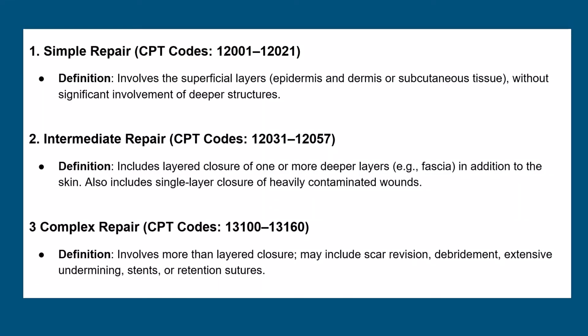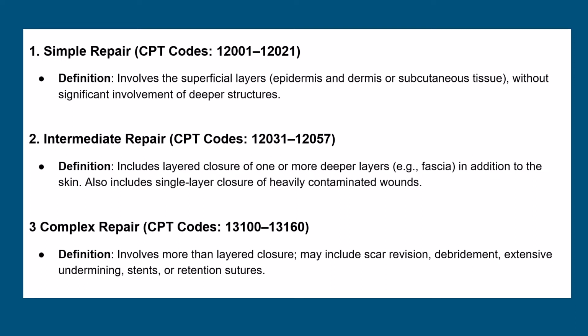So what is simple repair? Simple repair involves the superficial layer of the epidermis and dermis or subcutaneous tissue without significant involvement of the deeper structure. Intermediate repair includes the layered closure of one or more deeper layers, for example fascia, in addition to the skin. It also includes single layer closure of a heavily contaminated wound.